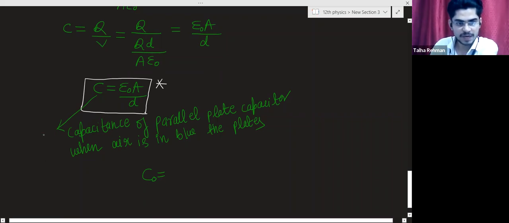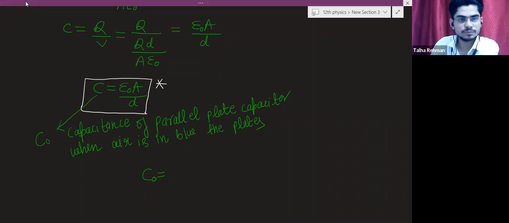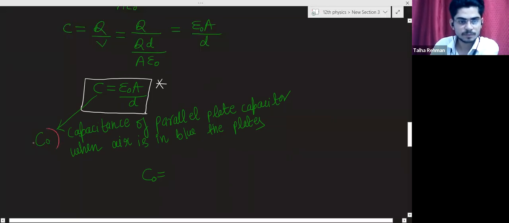So I am replacing C with C naught. You can write this as C naught also. And C naught is epsilon naught A by D. And epsilon naught is the absolute permittivity of air.